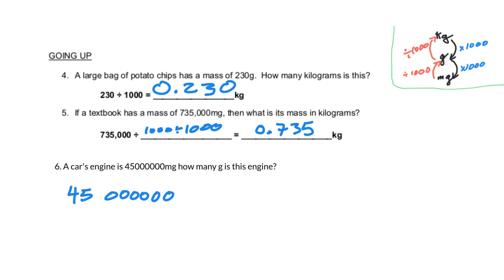And because we are moving from milligrams up to grams, we're going to have to divide by 1,000. So let's do that. We divide by 1,000, which gives us 45 with 3 zeros after it. And it's in grams. Done.